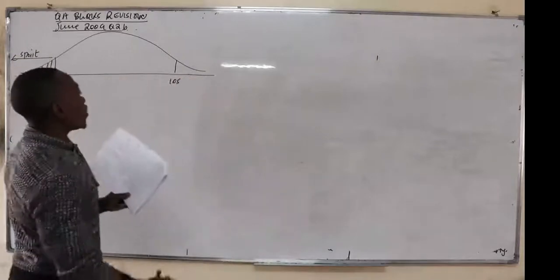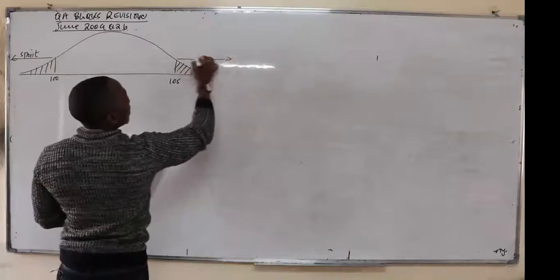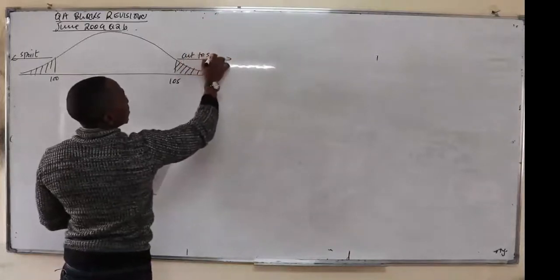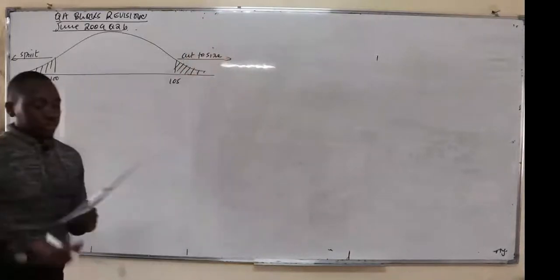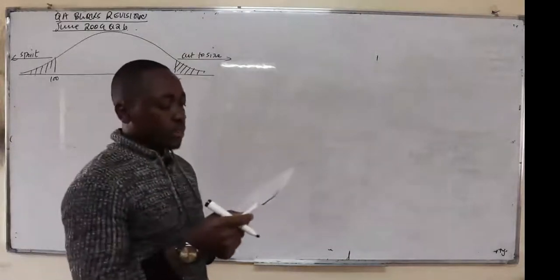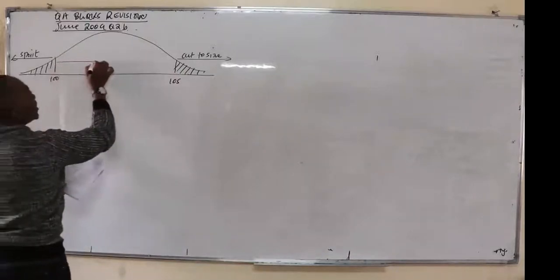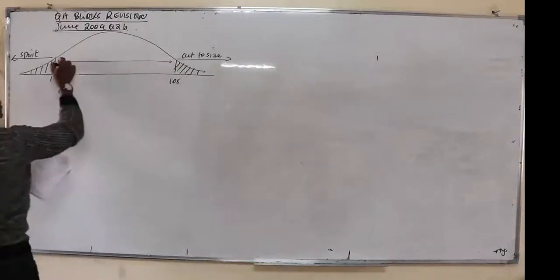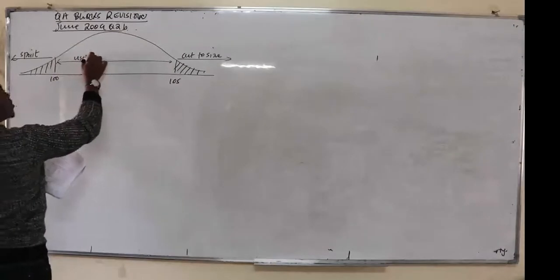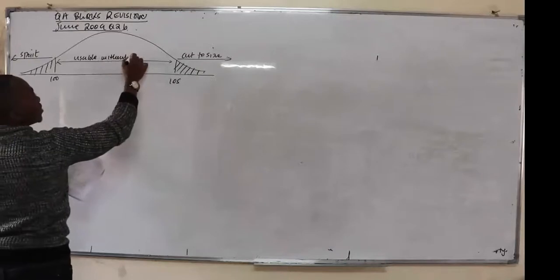Those greater than 105 will be cut to size. So that means anything between 100 and 105, that's when you get what we call usable without modification, or without cutting.